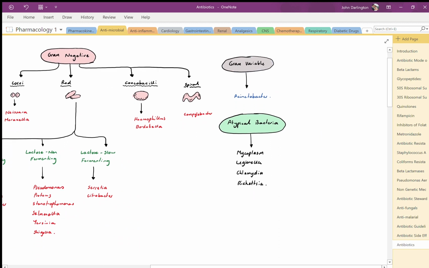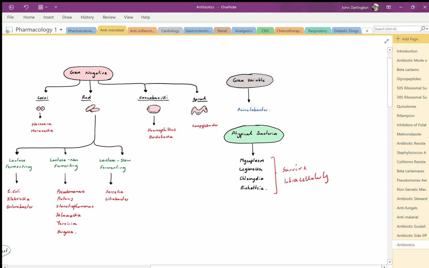And one of the big categories that sort of falls shortly after gram-variable is atypical bacteria. You don't need to know all the reasons why they're atypical, but one of the big things about them is that they survive intracellularly, most of them. In other words, they have to go inside the cell to survive and can be very difficult to get rid of.